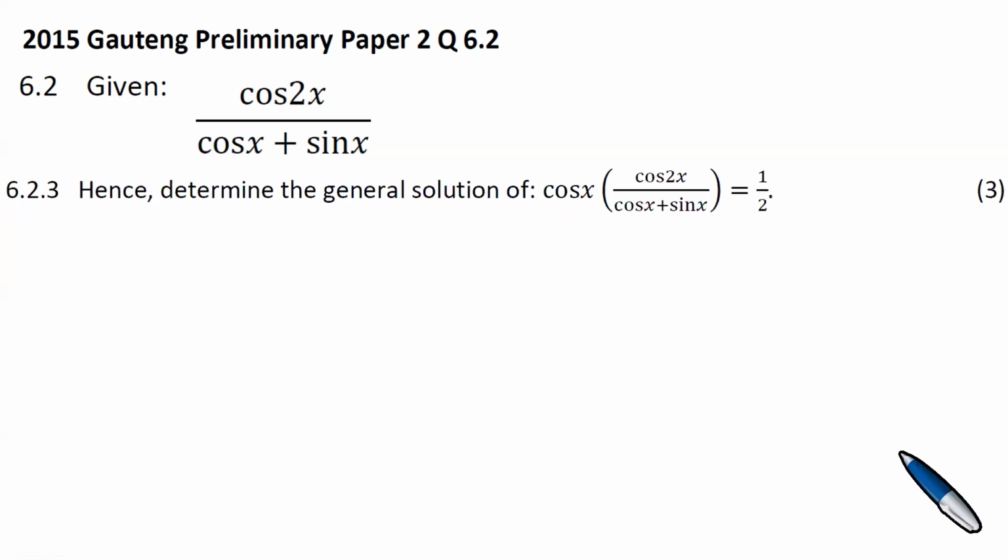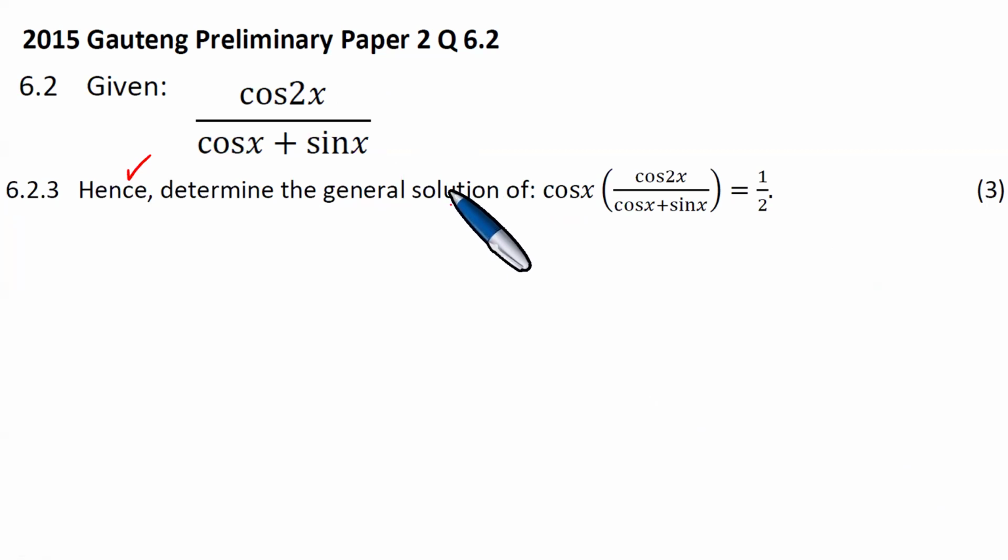Now we have another one. Here is the Gauteng question, and it is as follows. Hence, determine the general solution of this equation. The examiner said hence, meaning that we need to use something above.